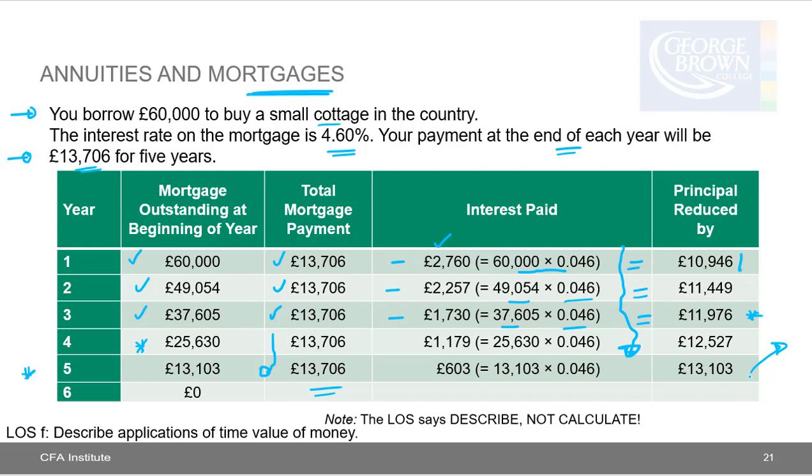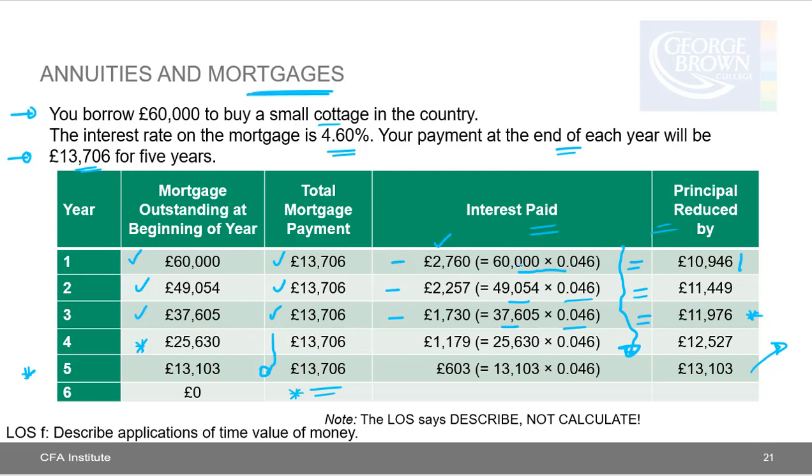So that's the type of questions that they're going to ask you with regards to a mortgage, is that in successive years, the interest component is going down and the principal component is going up. And it's just a function of math because the total mortgage payment, the amount doesn't change, but each payment is broken into 2 components, an interest component and a principal component.